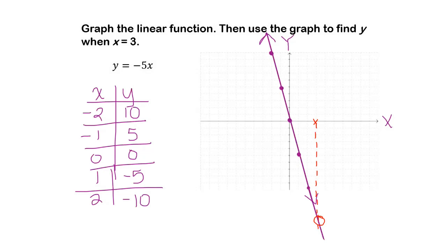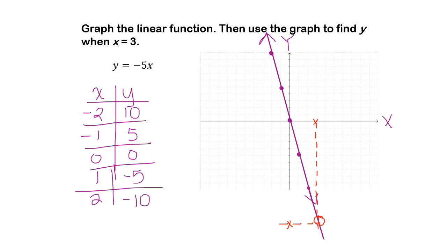And unfortunately for our graph, it's kind of off the coordinate plane that we have. But how do we know what the y value would be? You're going to now look across from where the intersection is, and this will tell you the y value on the y-axis.